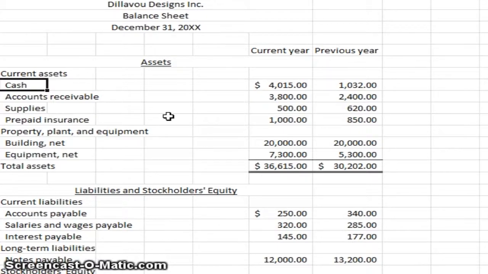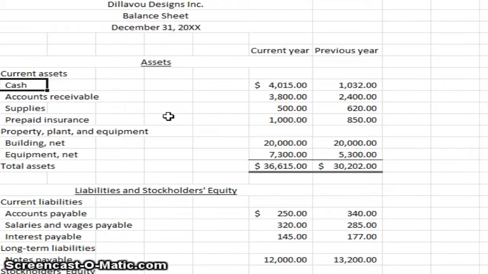The investing section deals with long-lived assets and long-lived liabilities. So you're talking about purchasing fixed assets, property, plant, and equipment, or dealing with long-term debt. Those types of items would be found in the investing section, or purchase of investments even. Again, we're talking about long-term assets.